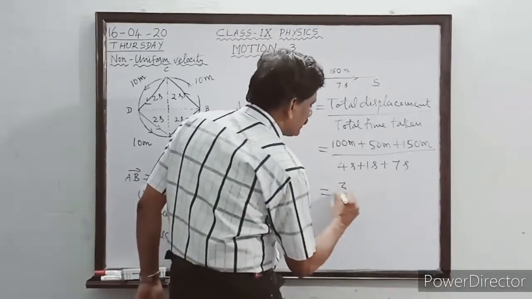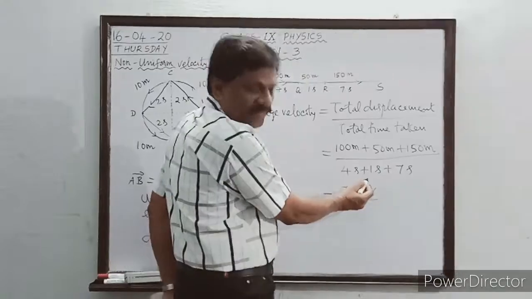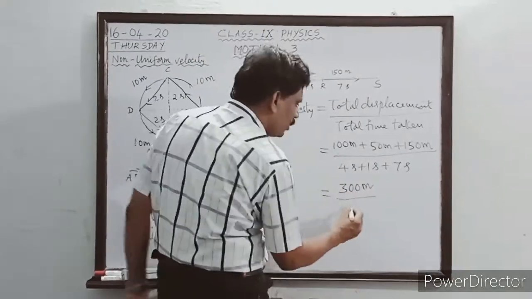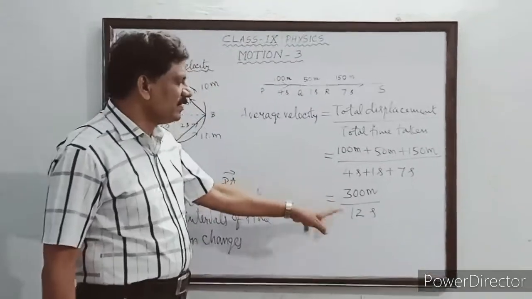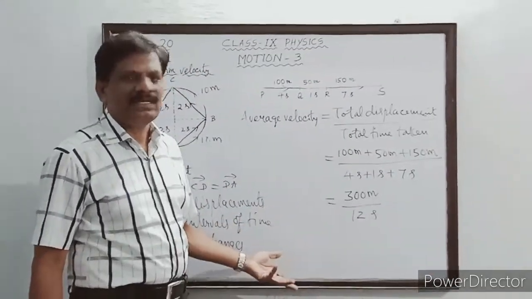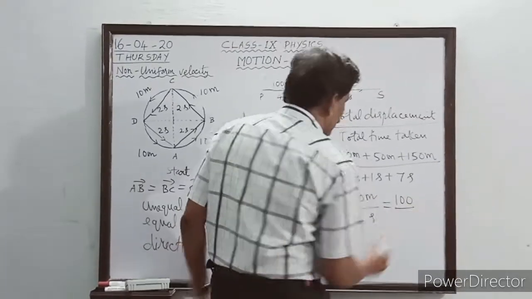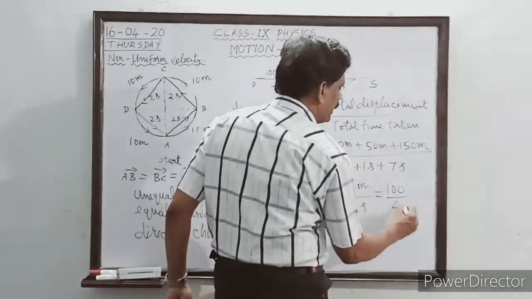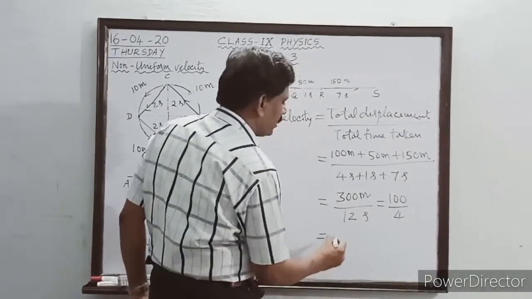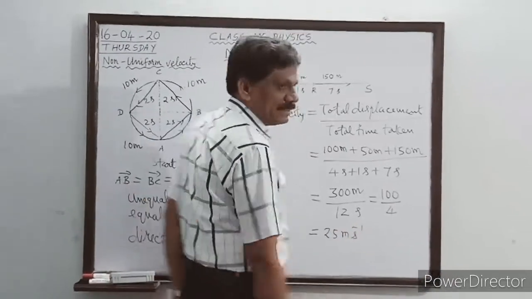So, this is equal to 300 meter. And what is 4 plus 1? 5. 5 plus 7 is 12. Good. So, this is 12 second. Now, both are divisible by 3. So, 300 divided by 3 is 100. And how many 3's are there in 12? 4. So, this is equal to 100 by 4, and that is equal to 25 meters per second.